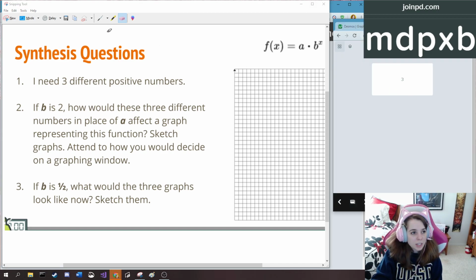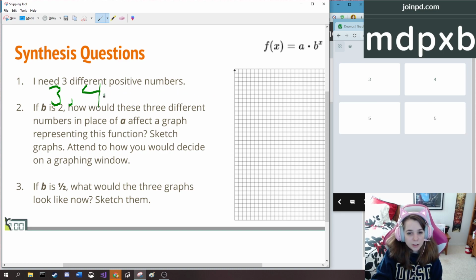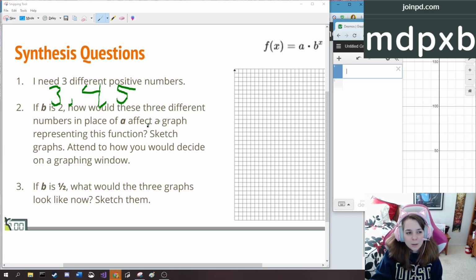I see 3, so 3 is going to be one of our positive numbers. I'm going to need 2 more from you. There's 4. And then one last positive number, 5. Oh, look, you both picked 5. All right, so these are our numbers we're going to have, 3, 4, and 5.